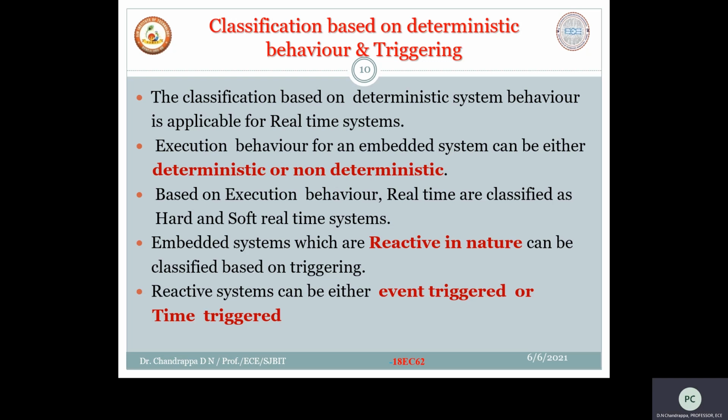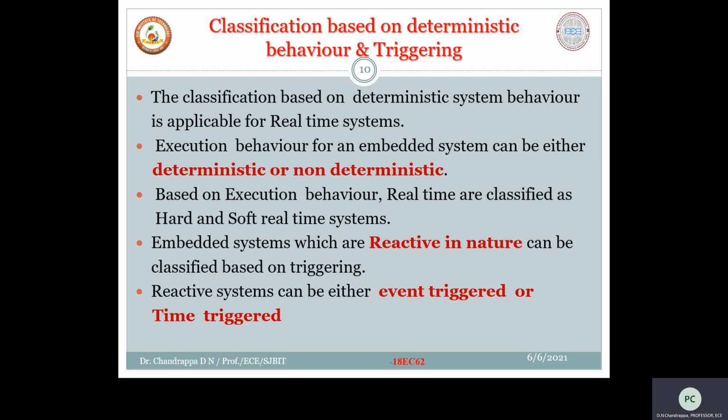Embedded systems which are reactive in nature can be classified based on triggering. A reactive system can be either event triggering or time triggering. So first we have to decide that it is a reactive embedded system, then only we can go for event triggering and time triggering.